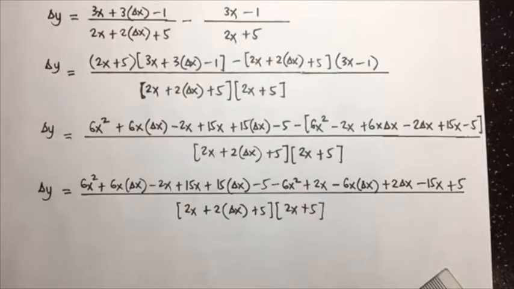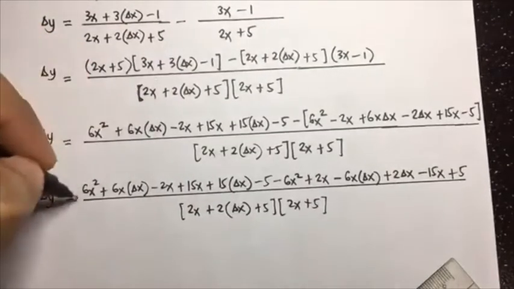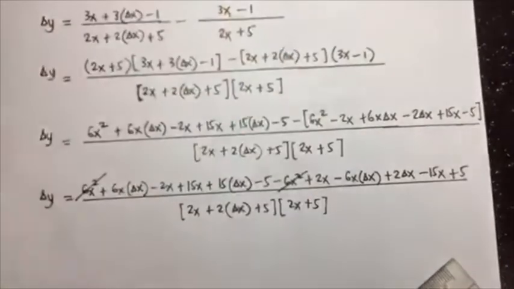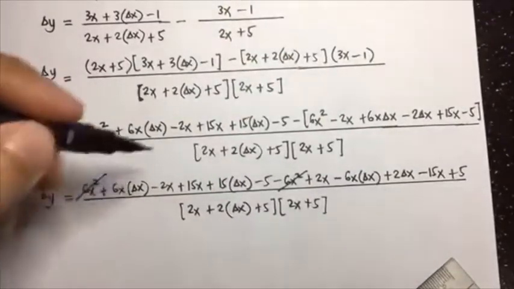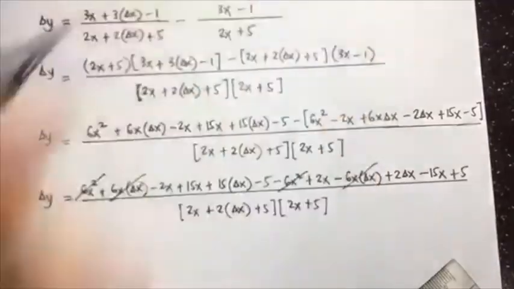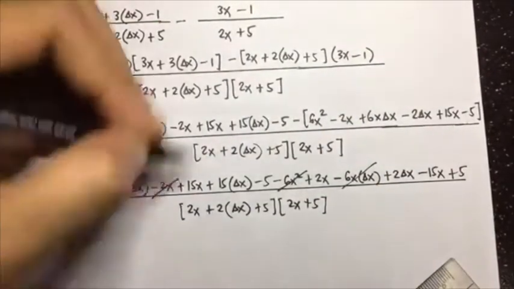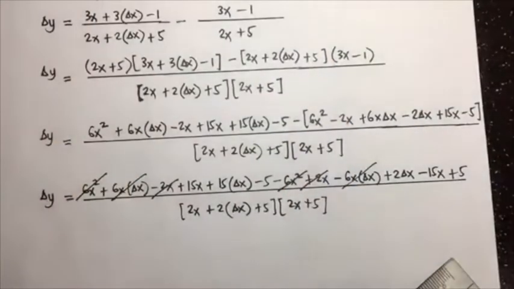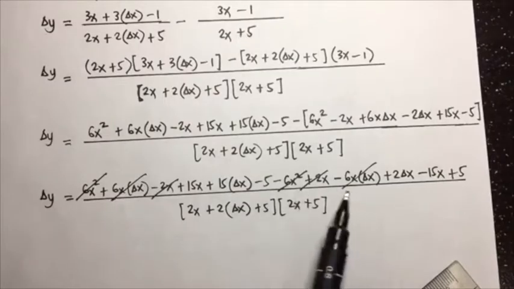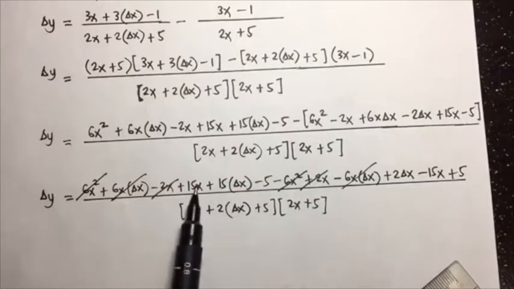Okay, so we can cancel out 6x squared. What else? 6x delta x. You can also cancel out 2x, and 15x.